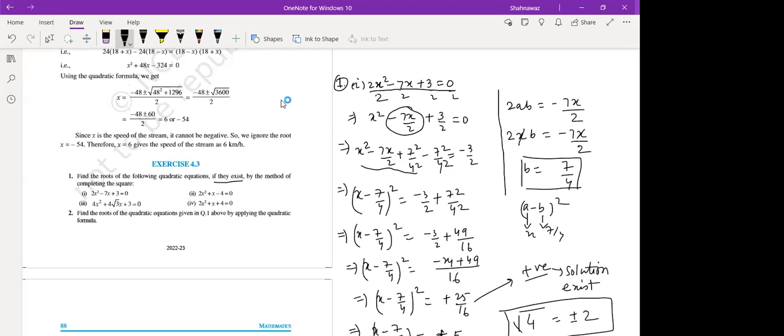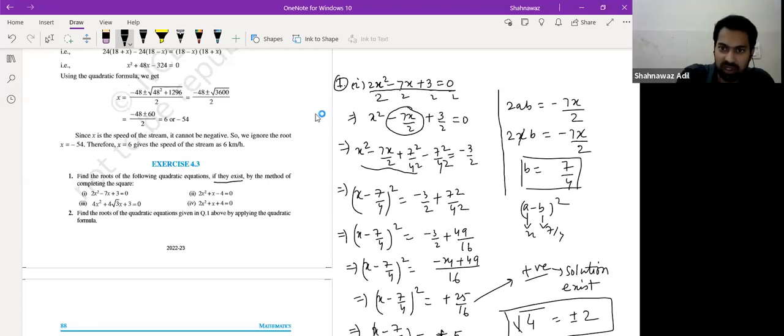Can you scroll down? Talha noted up to here.